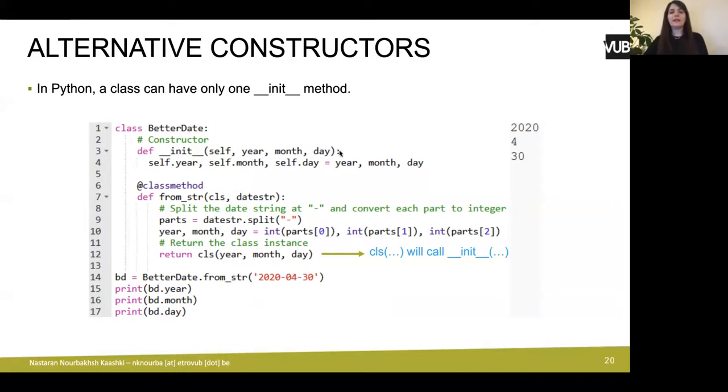And here it will call the constructor, and an object will be created. And if I print the instance variables, I can see them here.